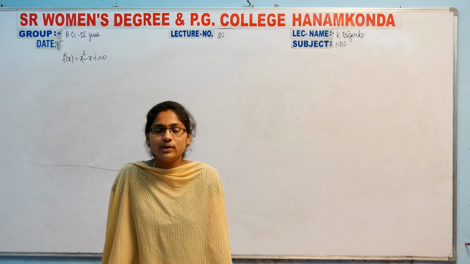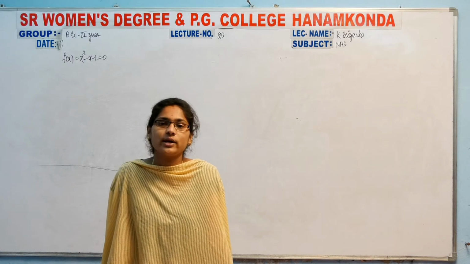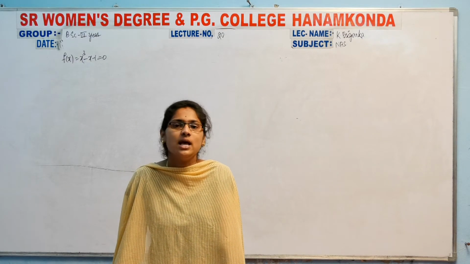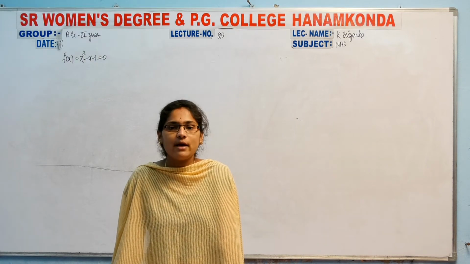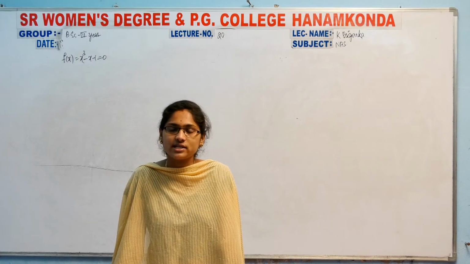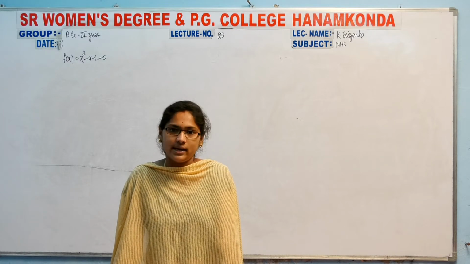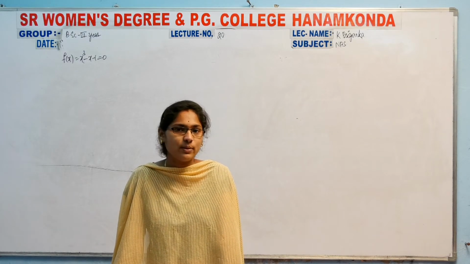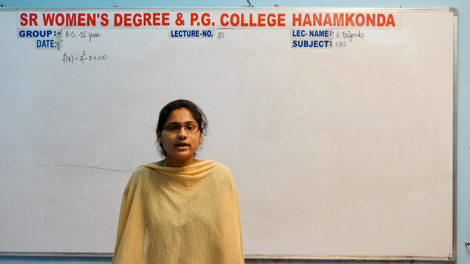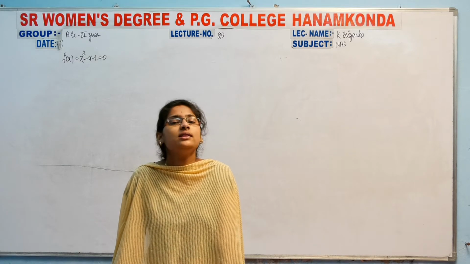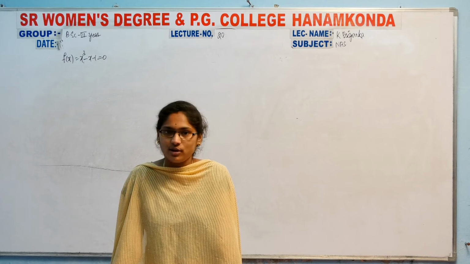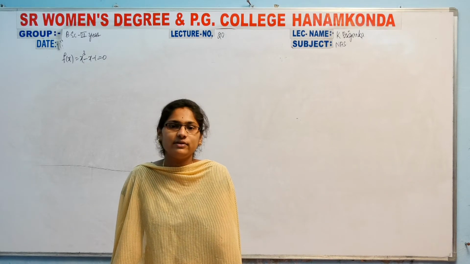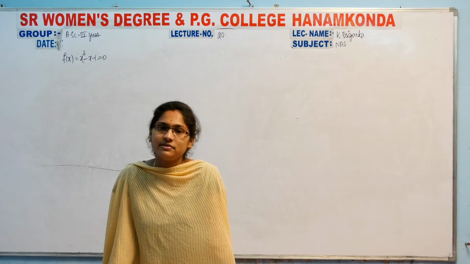Then we get the new equation of the form a into x minus xi whole square plus b into x minus xi plus yi. Next we take the formula xi plus 1 equal to xi minus 2yi by minus b plus or minus under root of b square minus 4ayi. Finally, by taking the formulas of capital A and capital B, we will get the values and finally the root.